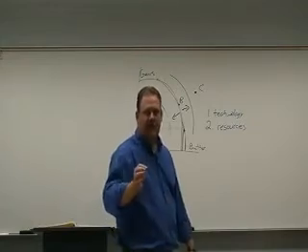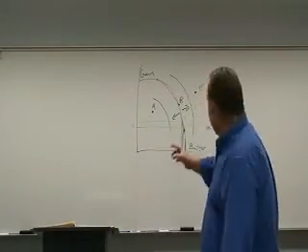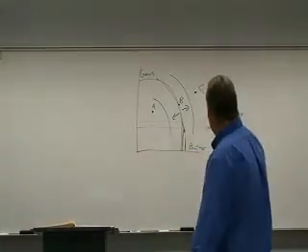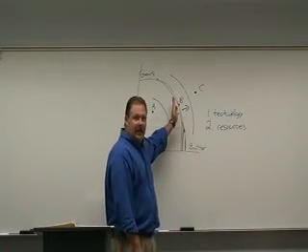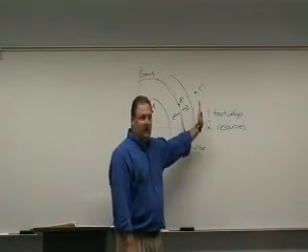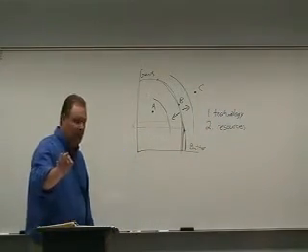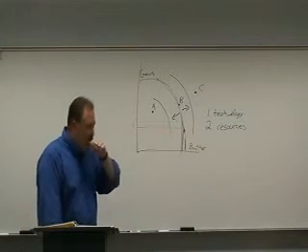One of the great reasons that in the United States we have mandatory education is that we're increasing the knowledge and skills of the workforce. That's a resource. Because we have an educated workforce, that resource is shifted out. So increasing resources or increasing technology can push that curve out.